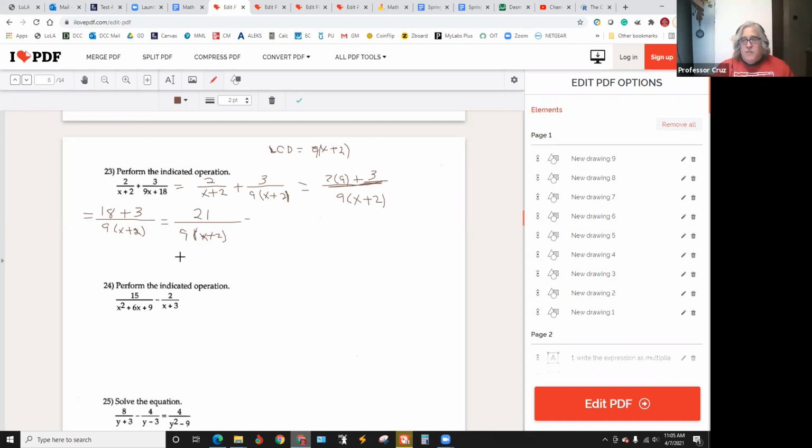Now, top to bottom, there's no x plus 2 up there. So the only hope we've got for simplifying is in the numbers. 9 and 21 are divisible by 3. 3 goes into 9 3 times, and it goes into 21 7 times.